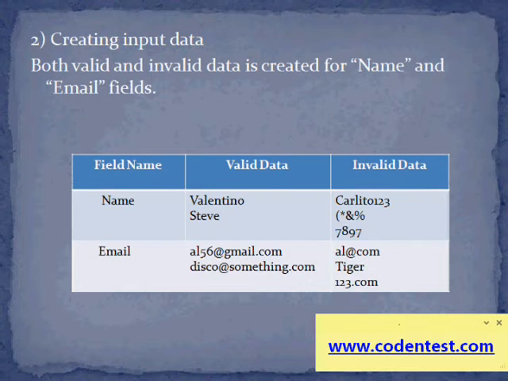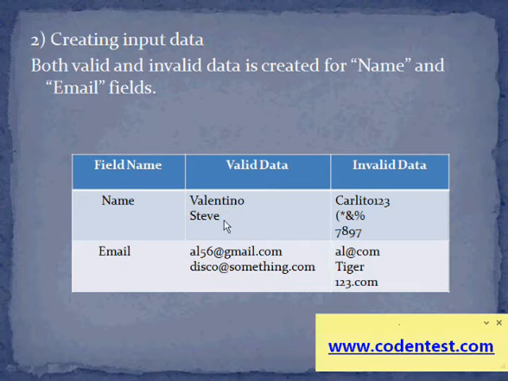Now let's go to the next step, which is creating input data. Here both valid and invalid data is created for name and email fields. Here we have two fields, name and email. Valid data for name is Valentino and Steve.